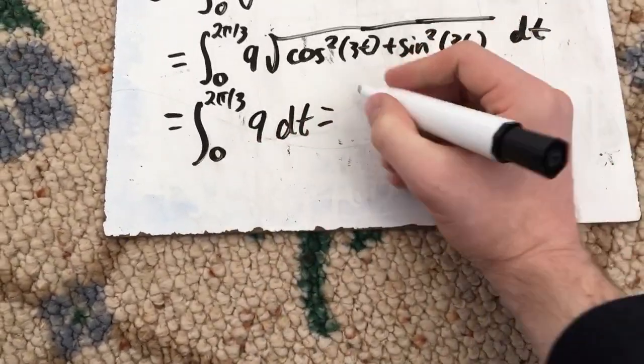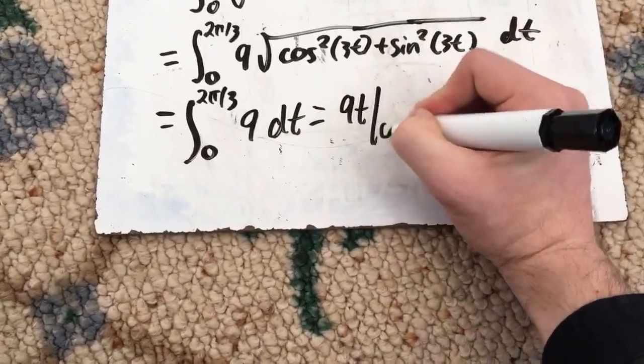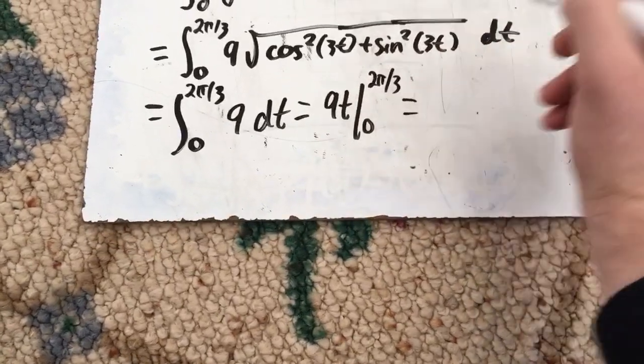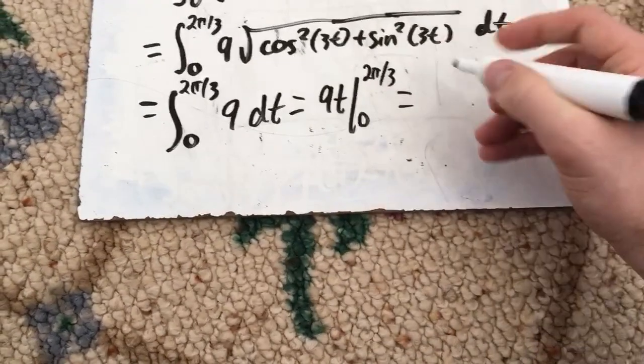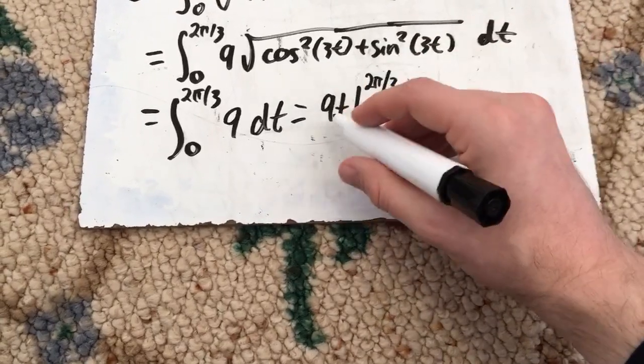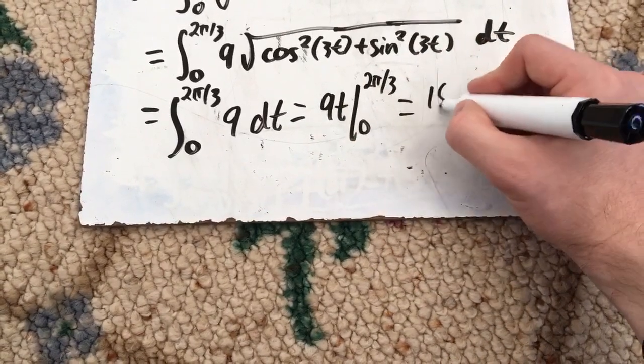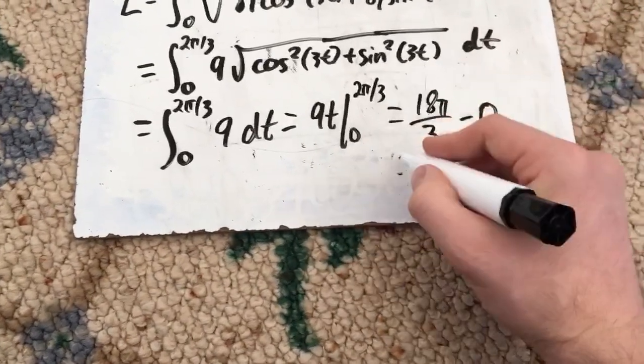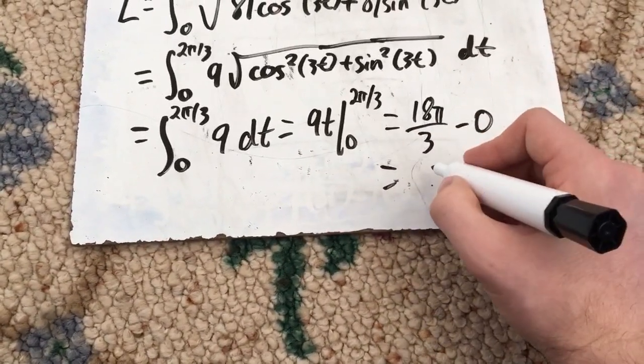The antiderivative of 9 is 9t, evaluated at 0, 2 pi over 3. So when I plug in 2 pi over 3 and multiply 9 times 2 pi over 3, that gives me 18 pi over 3. Minus I plug in 0, 0. 18 pi divided by 3 gives us 6 pi.